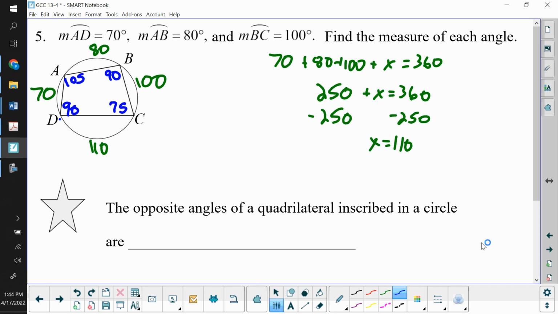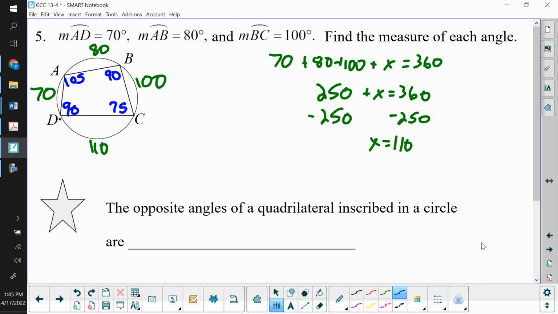So we want to look at the opposite angles in this quadrilateral. Now, first off, this quadrilateral is considered an inscribed quadrilateral because all of the vertices are sitting on the circle, in other words, making them inscribed angles, our new thing for today. So look at our opposite angles. We have 90 and 90. Notice together that gives us 180. The other two opposite angles, you have 105 and 75.